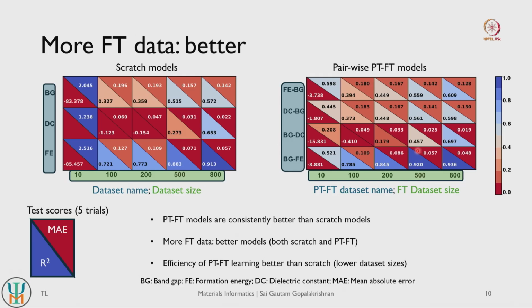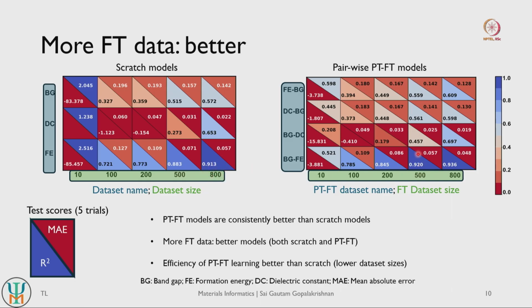If you take the performance of your pairwise transfer learned models that are predicting formation energies here, even at 500 data points, so we are only exposing a total data set size of 500 during fine tuning of this transfer learned model, the R2 scores and the mean absolute errors are comparable or even better than Scratch models which were exposed to almost 800 data points.